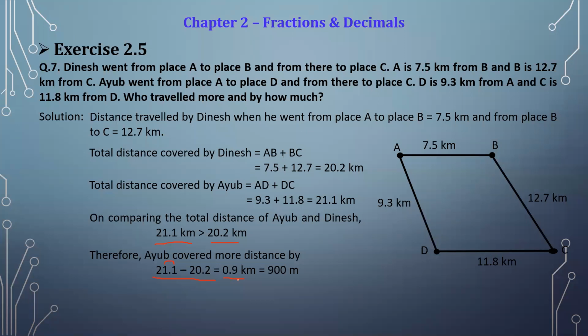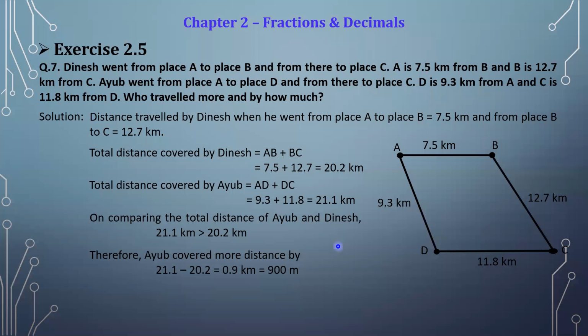And we know that 1000 meters make 1 kilometer, so for 0.9 kilometer, there are 900 meters. So Ayub covered more distance than Dinesh by 0.9 kilometer or 900 meters. In this way, we can solve this example with the help of the given conditions. This type of example is referred to as a word example.